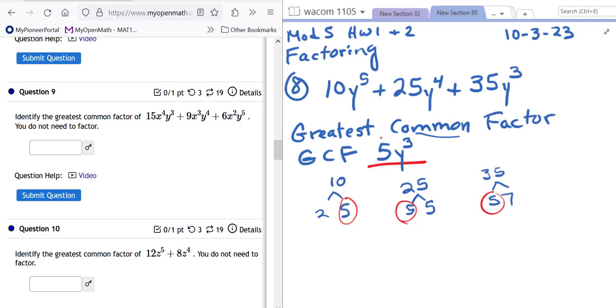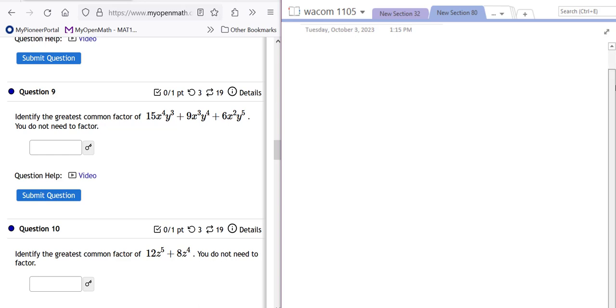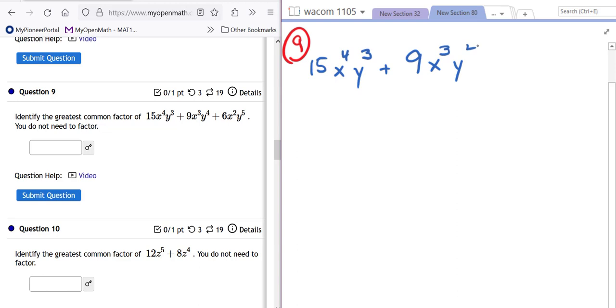All right, let's try one more. So we'll do number 9. So all we're doing is picking out the GCF. And we'll do the numbers first. You can probably do it before I get it written down. So we're looking for the greatest common factor.